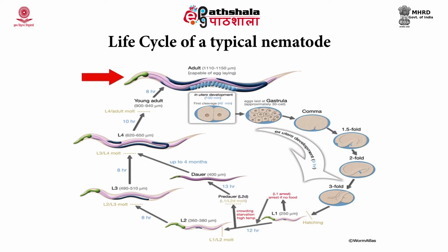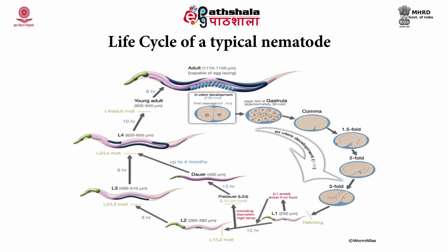The adult is capable of egg laying, and then in utero development begins, which starts with cleavages. The eggs are laid at the gastrula stage, approximately 30 cell stage. Then begins the ex utero development, which proceeds for almost 9 hours, showing the 1.5, 2 and 3 fold embryo.